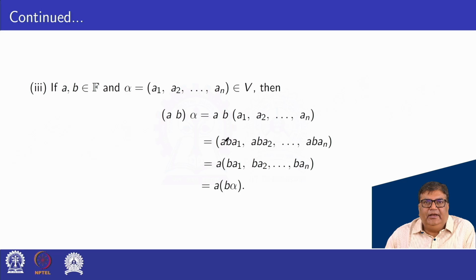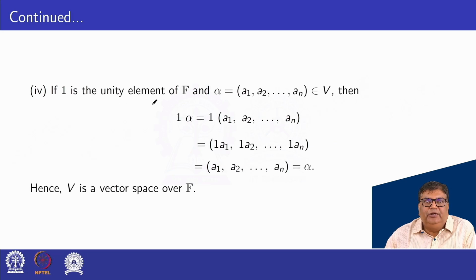So scalar a can be written outside the tuple. So we have a in the tuple (ba1, ba2, and so on, ban). So this can be written as a into (b alpha). That is, the third property of external composition holds.